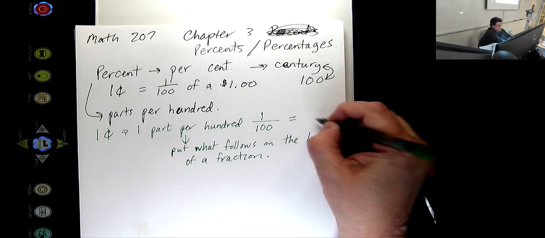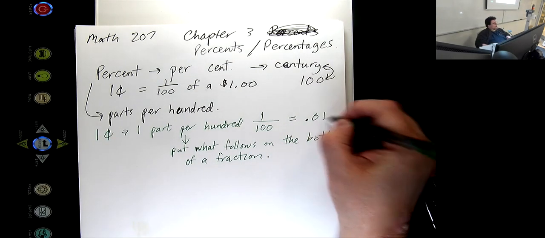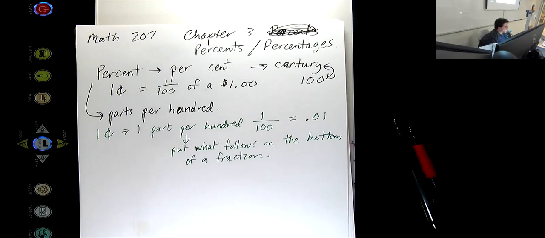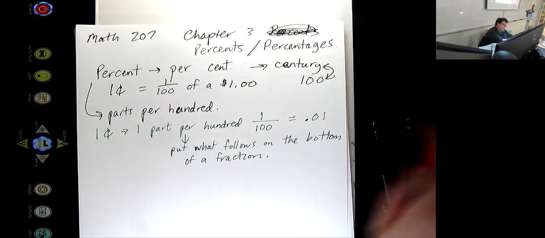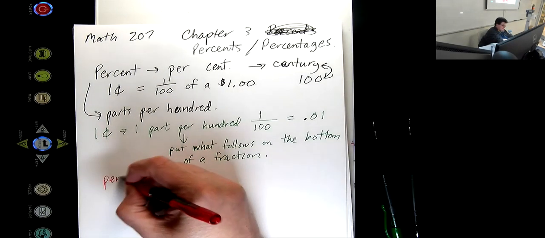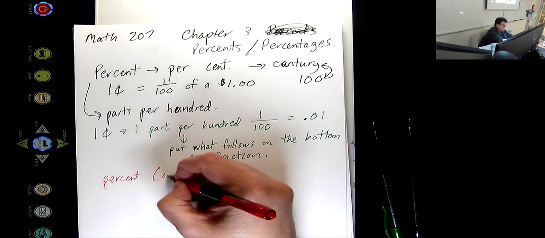We move the decimal left twice. And that's where we get the 2 decimal places when we're talking about money. So parts per 100, or another way of looking at it, percent is out of 100.